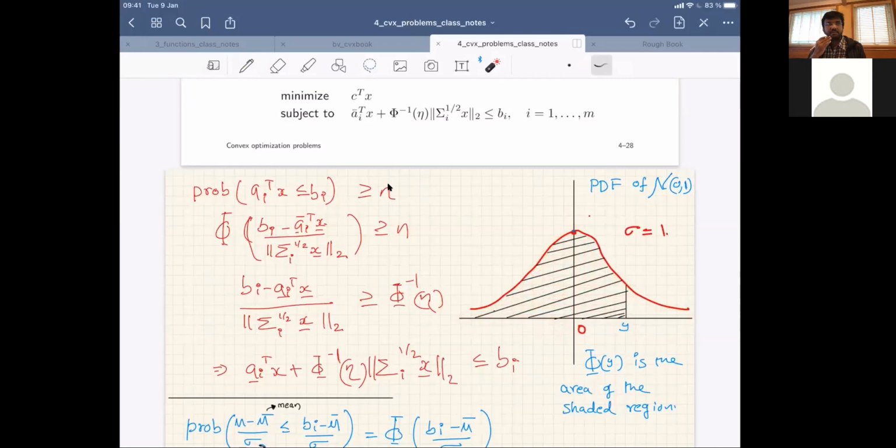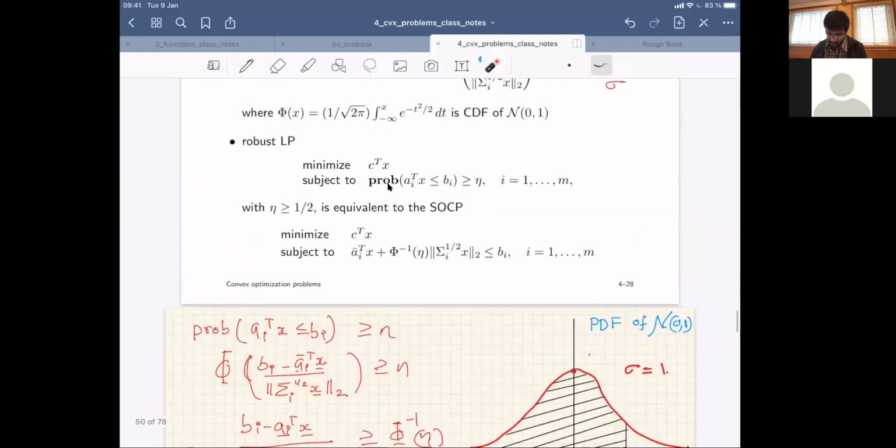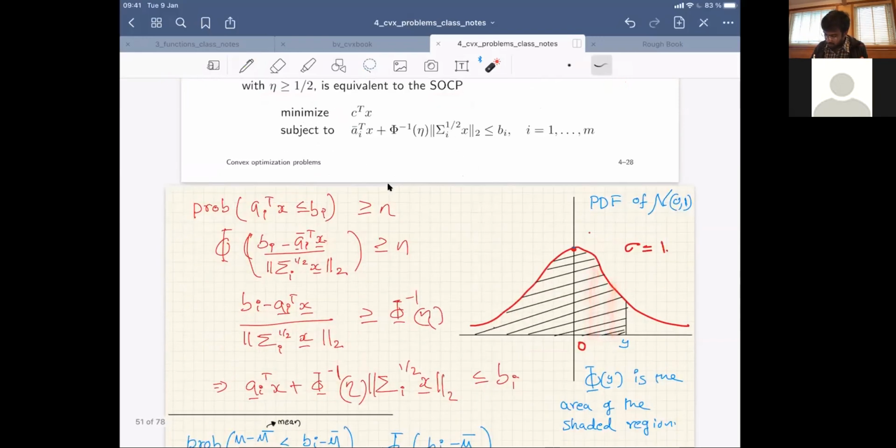I didn't say the probability is negative; I say when y is less than 0, the probability is less than half. When the probability is less than half, this term will be negative. So this will be an SOCP only when you have a probability towards this side.